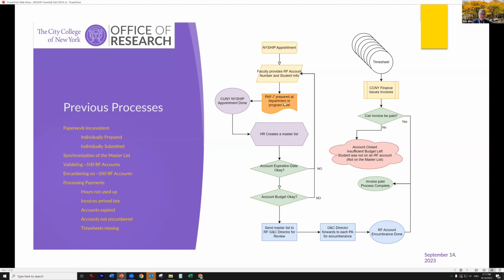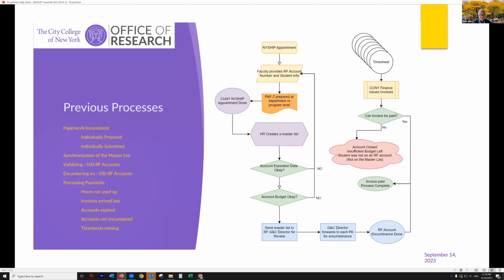Either they or their staff in the department or division or the grants program managers prepare the paperwork, PF7 mainly, and submit it to the CCNY HR for the NYSHIP appointments to be entered into the system. The HR staff will then create a master list to see who has been appointed from when to when, and which account the cost will be encumbered against, and so forth.